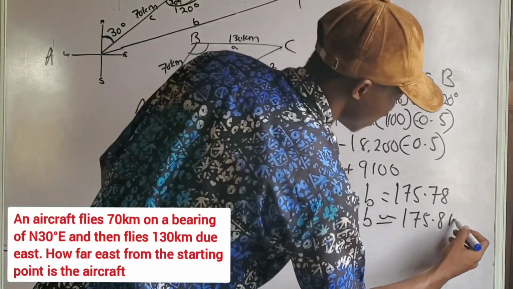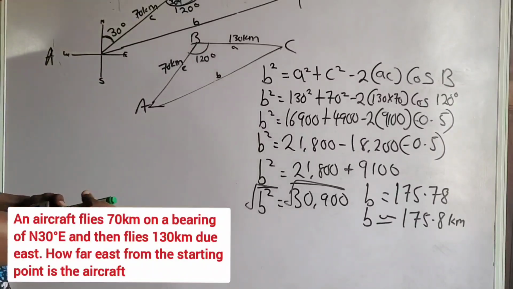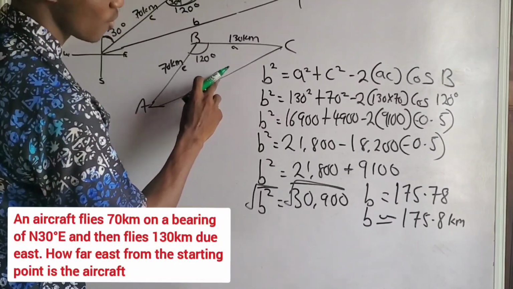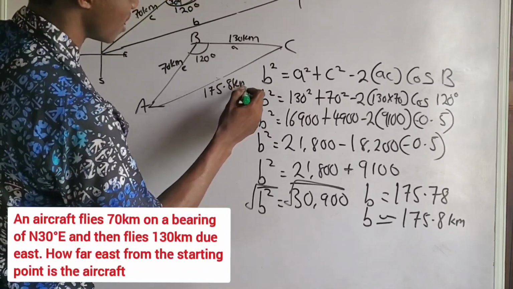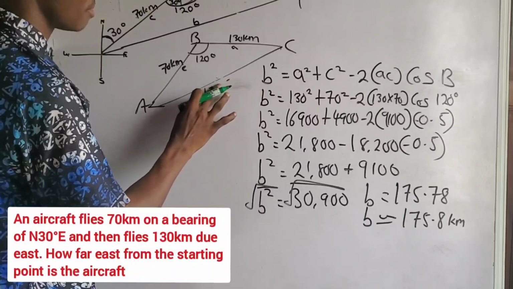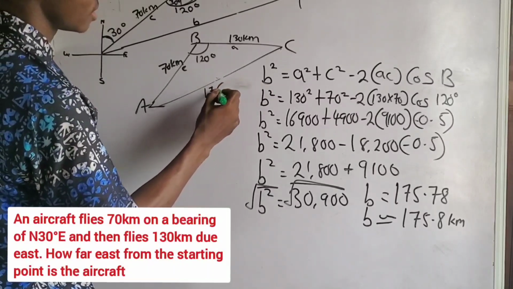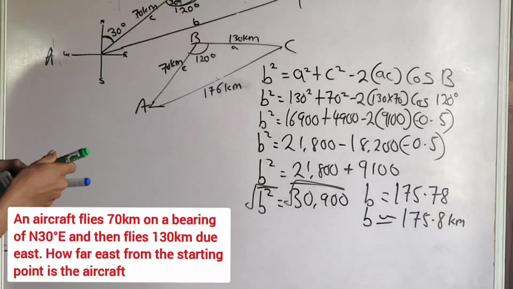Kilometers. So the distance AC is 175.8 kilometers, or just approximate it to the nearest whole number, 176 kilometers. I'm very sure you understand the solution to that question.